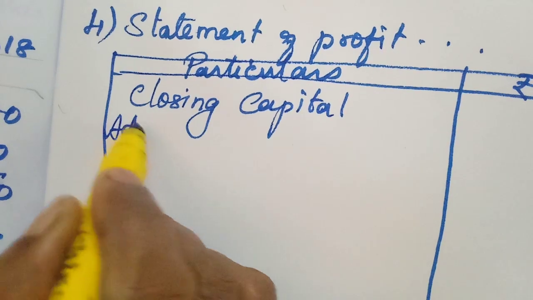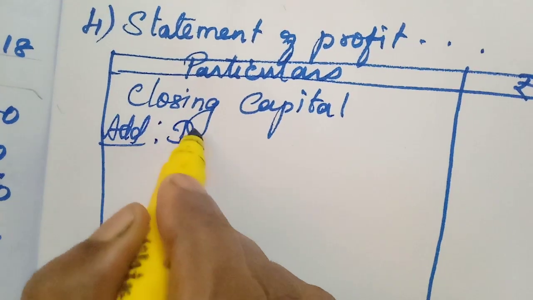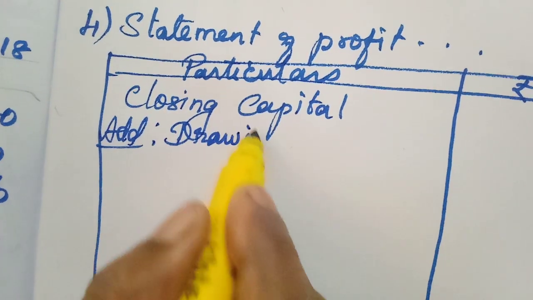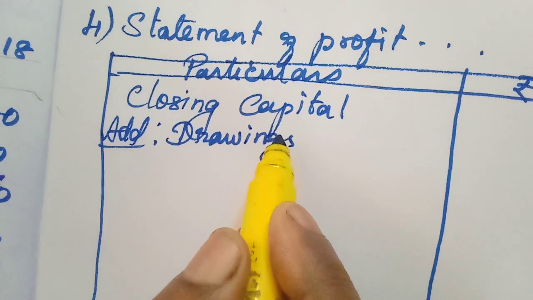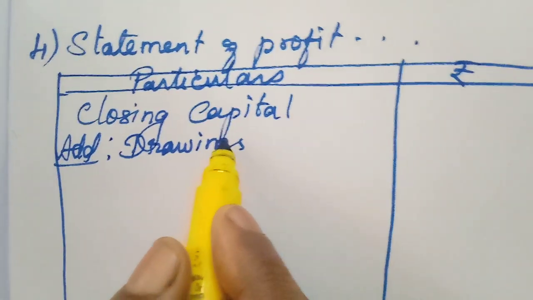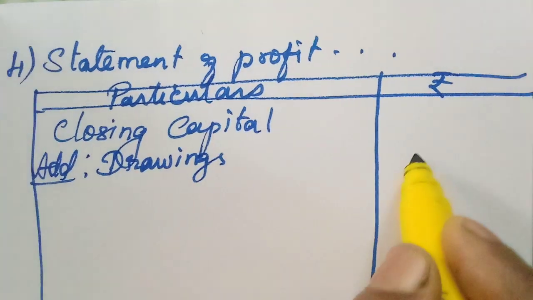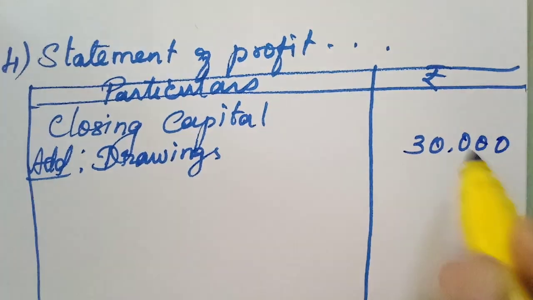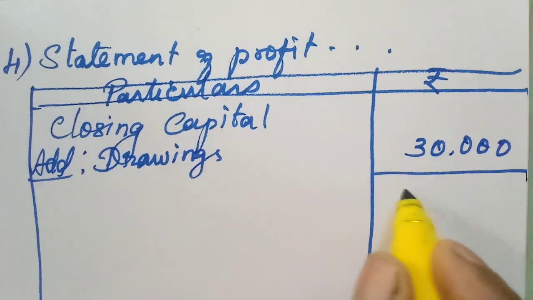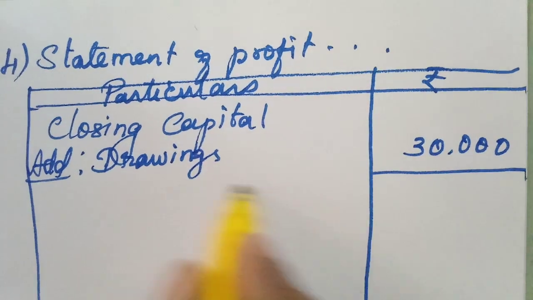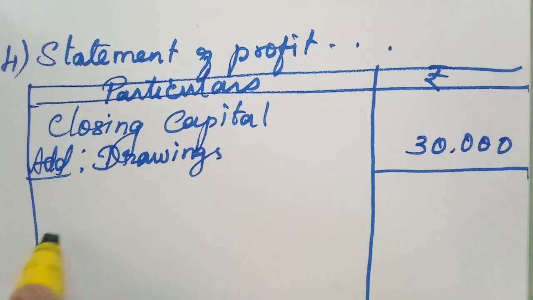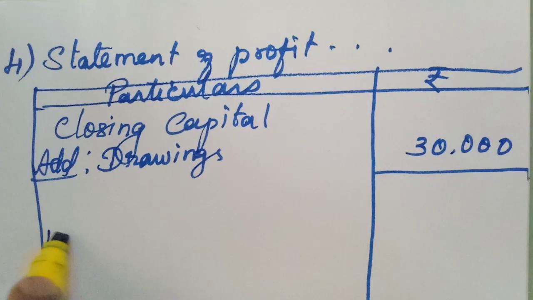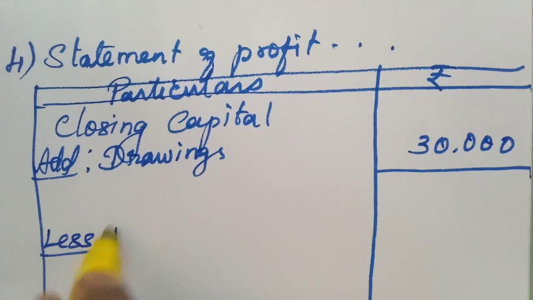Add drawings. Drawings amount we know, goods withdrawn for personal use by the owner, that is 30,000. You write 30,000, draw line and leave this amount also, we do not know, leave space. Then you write less additional capital.